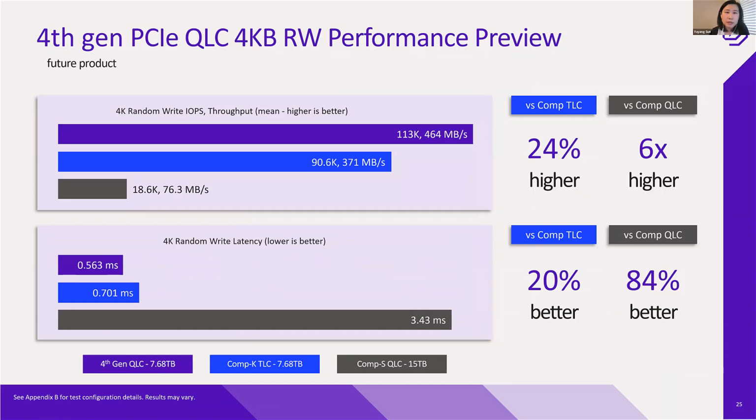But you can see here, when we compare the 4K random write performance of QLC with our comparable TLC, it gives 24% higher throughput and also 20% better latency compared to the entry-level TLC.